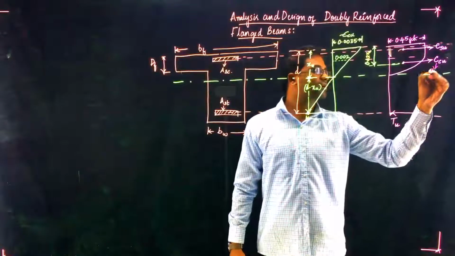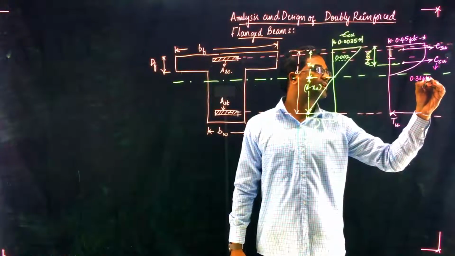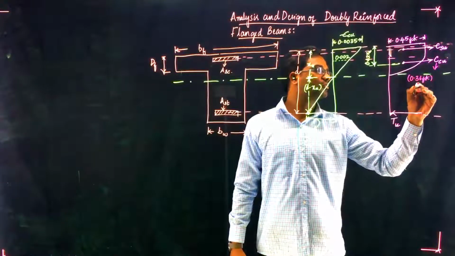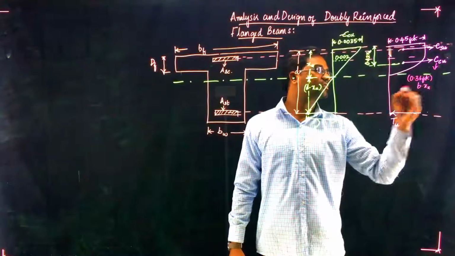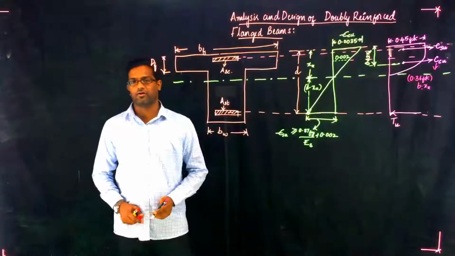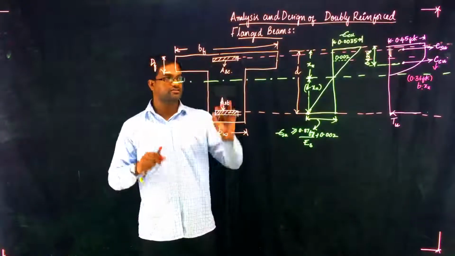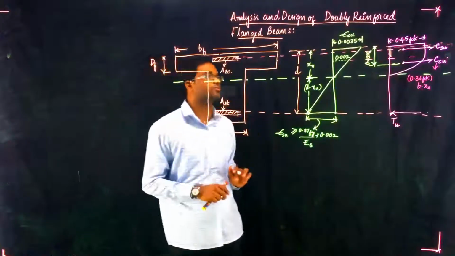It is given as 0.36 fck into b times xu. Now I have not written here a BF or BW because it depends upon the neutral axis. So let me just put bx.